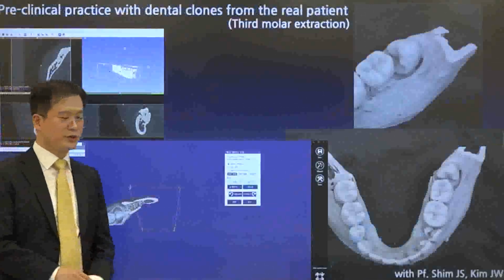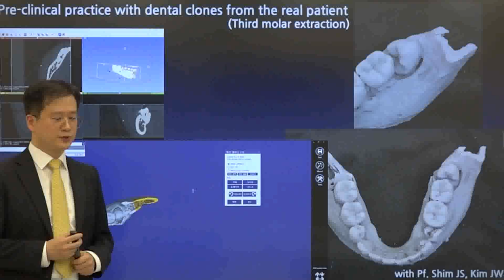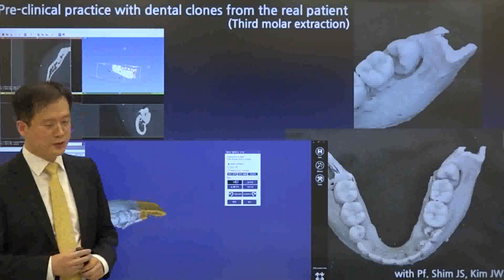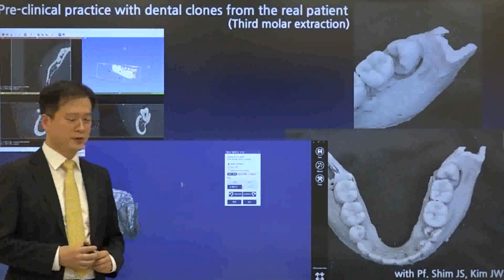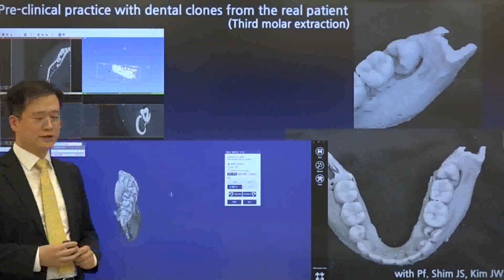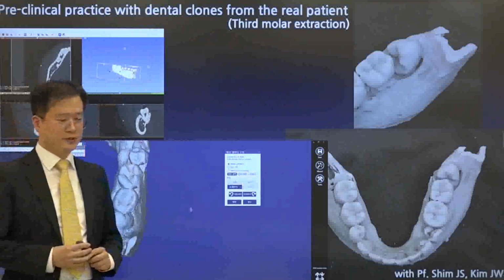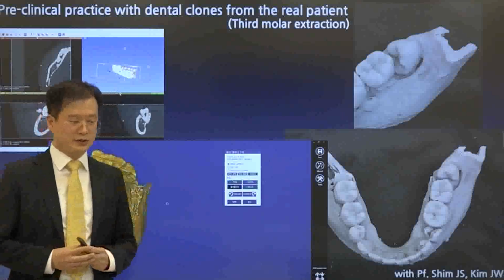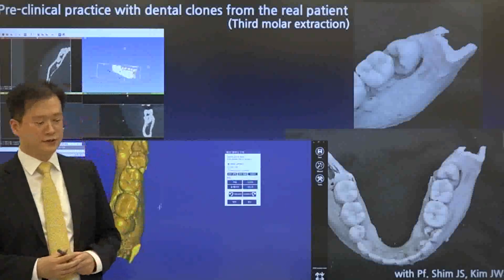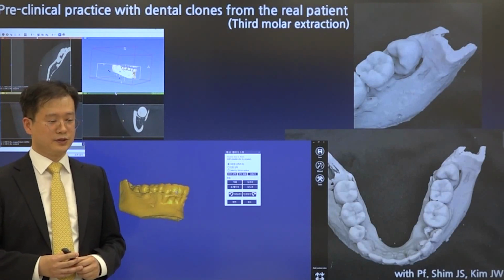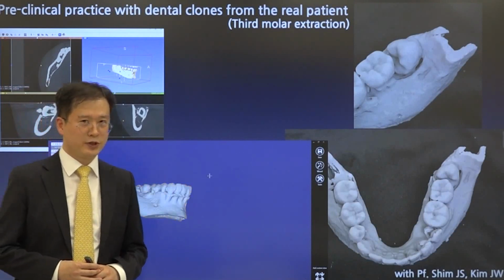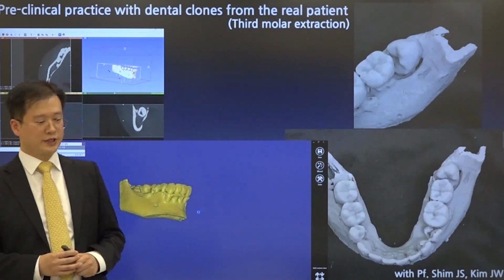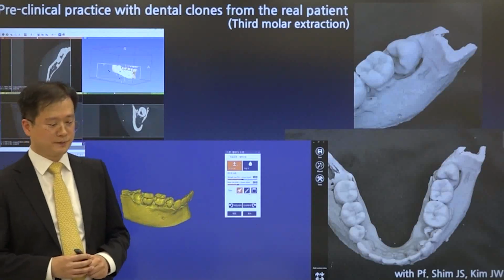The same education applies to students ahead of the extraction of an impacted third molar. If the student practices by removing the tooth of the patient to be extracted in advance, they can treat calmly without embarrassment during the actual surgery.